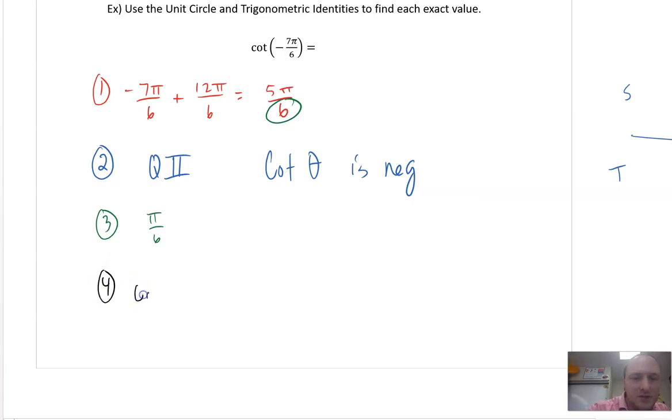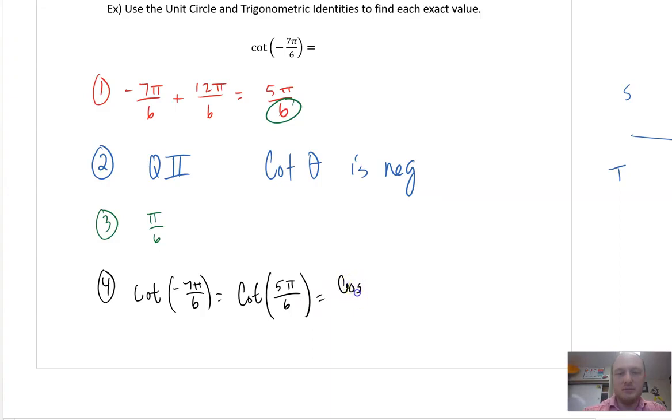I have cotangent of negative 7 pi over 6, which is equal to cotangent of 5 pi over 6, which is cosine of 5 pi over 6 over sine of 5 pi over 6.